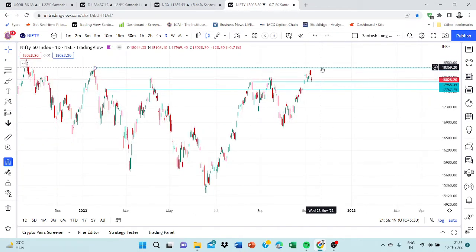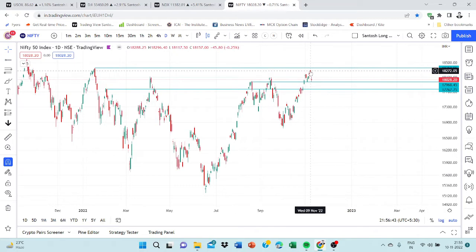If it opens directly above around 18350 or 18300, then tomorrow will be a range bound day. Once Nifty or Bank Nifty opens with such a huge gap up, it hardly does anything during that particular day. So it's a waste watching that market.